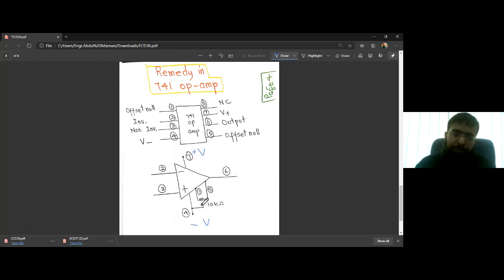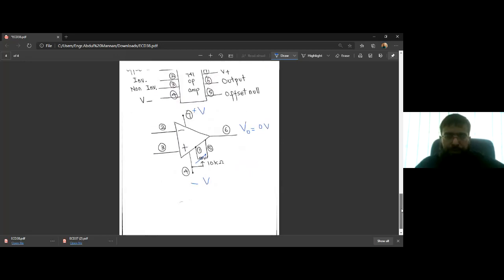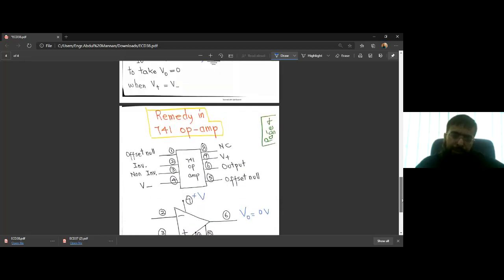It's a variable resistor. We vary it until we make Vout equal to 0 volts. So we keep on moving this until the output voltage Vout is 0 volts. So this is the remedy for the output.